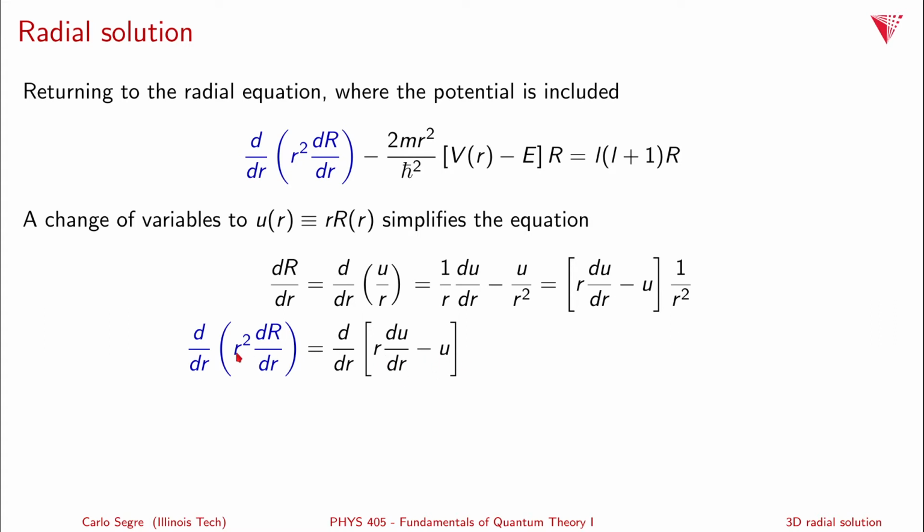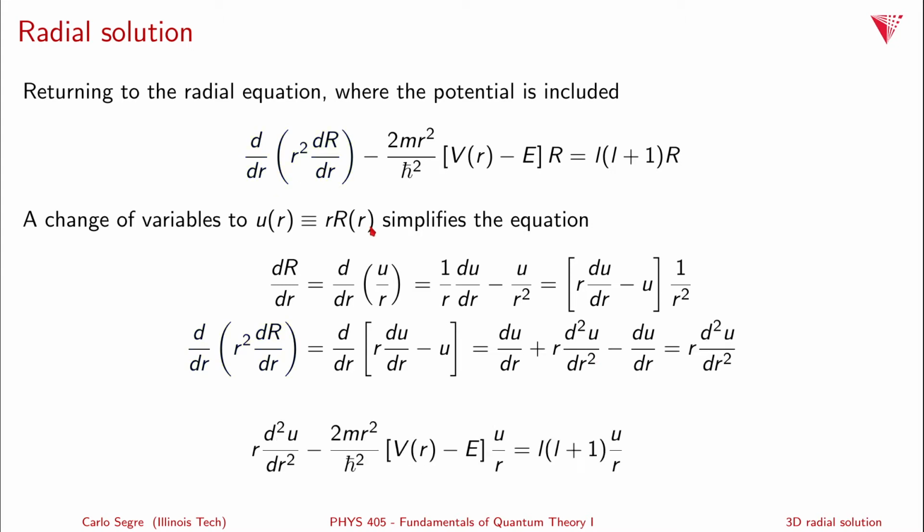And now the r squared has canceled out the r squared in the denominator from dR/dr. And so when we take this derivative, we get du/dr. Then we get r times d squared u/dr squared. So that's the derivative of this second term, minus du/dr. And of course, these two terms cancel. We get r d squared u/dr squared for this first term in blue.